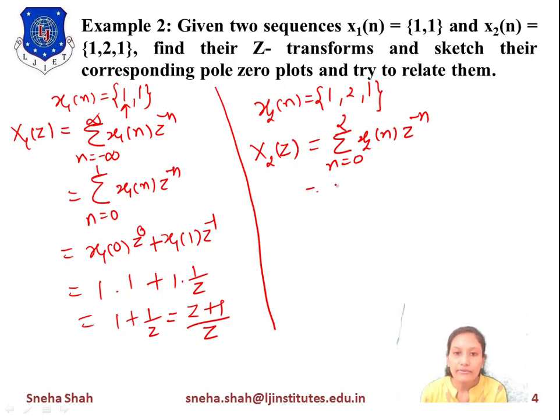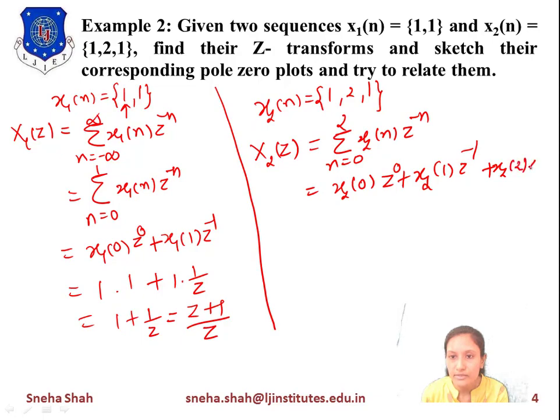It becomes x2 of 0 z raised to 0 plus x2 of 1 z raised to minus 1, if we put n equals 1, and if we put n equals 2, then x2 of 2 z raised to minus 2.